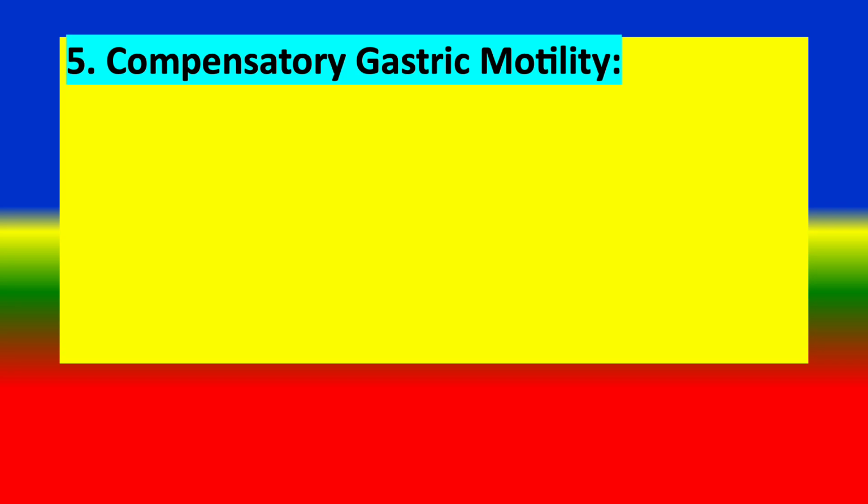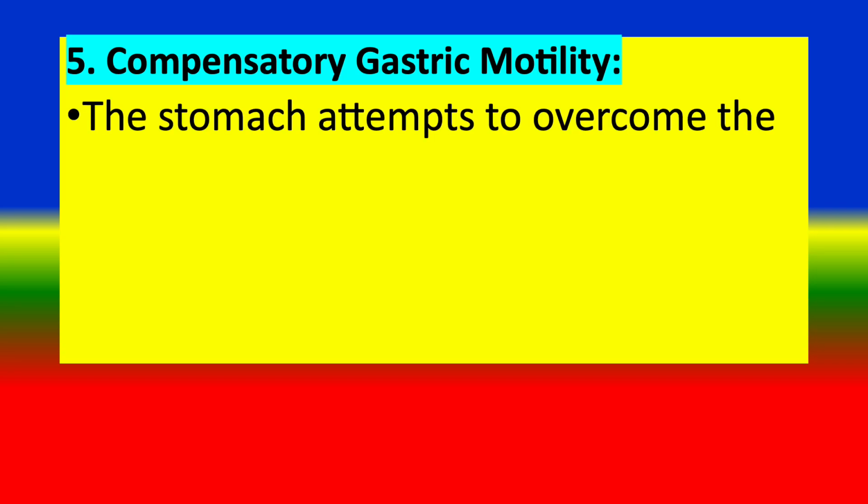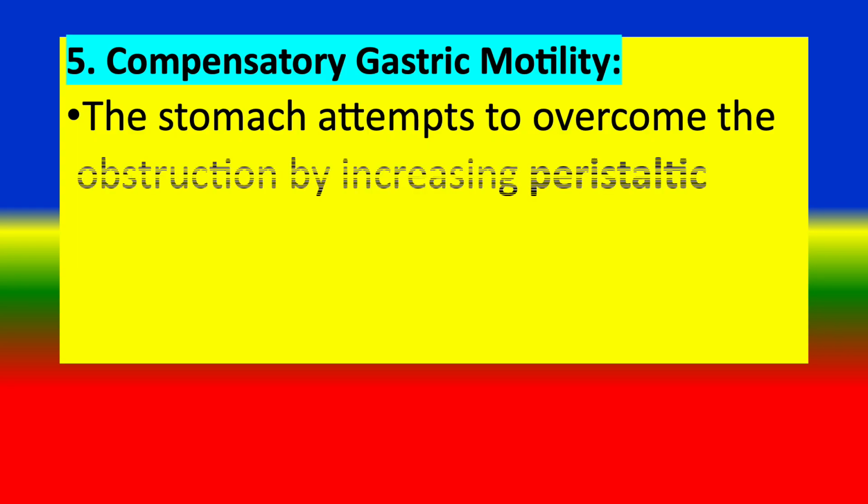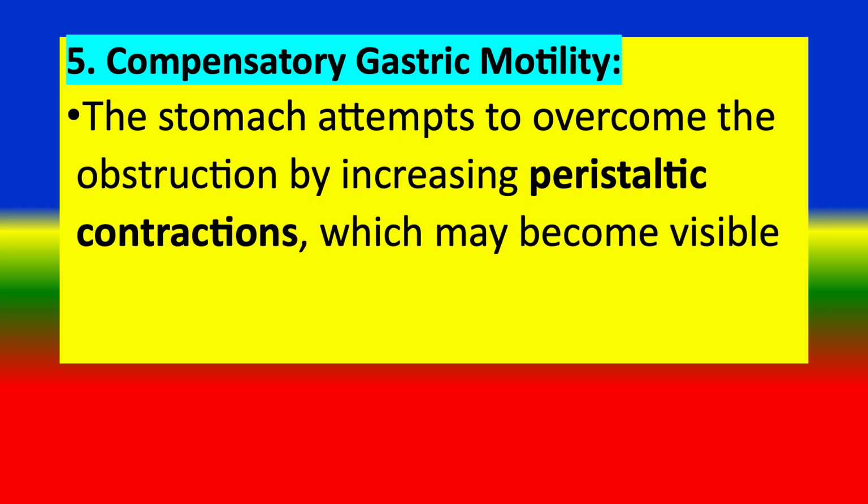Compensatory gastric motility. The stomach attempts to overcome the obstruction by increasing peristaltic contractions, which may become visible peristalsis.